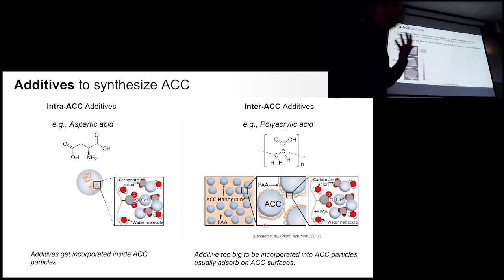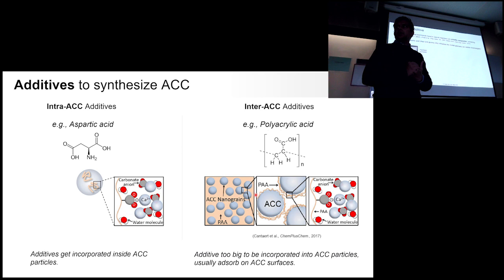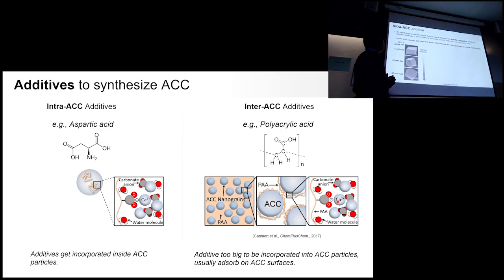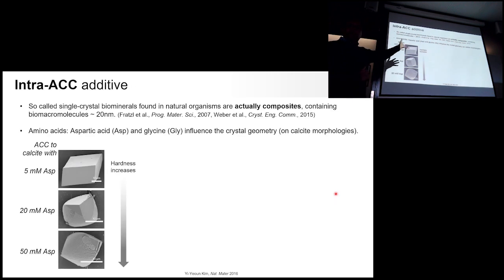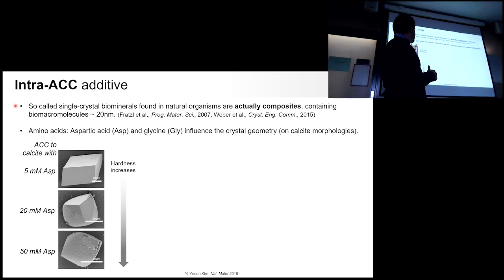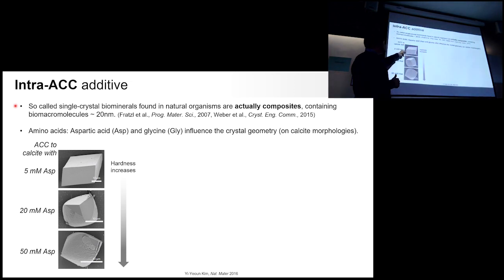And you will see that they result in different kinds of structure-property relationships. One example is this one, where the researchers incorporated aspartic acid. So they utilized aspartic acid that I showed you before to biomineralize. You see, as you increase the amount of aspartic acid here, you also change the archetypical rhombohedra, right?